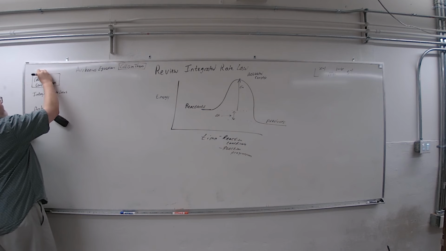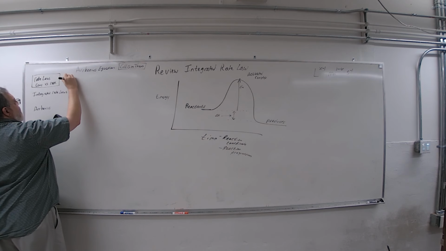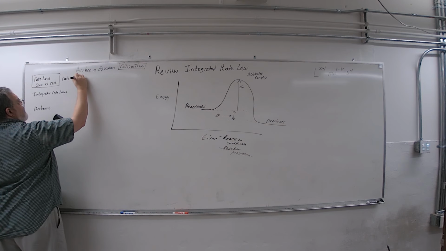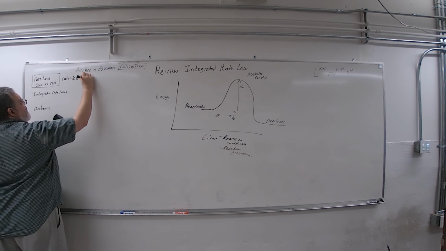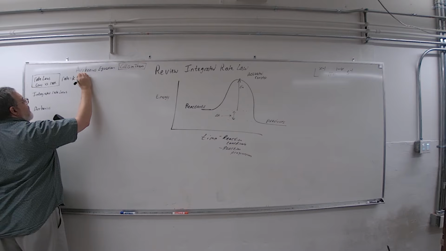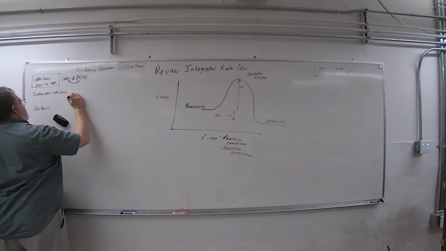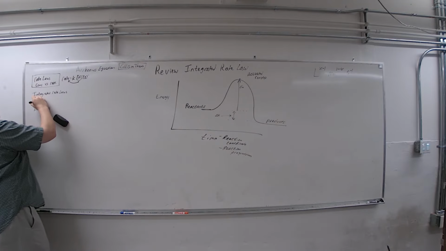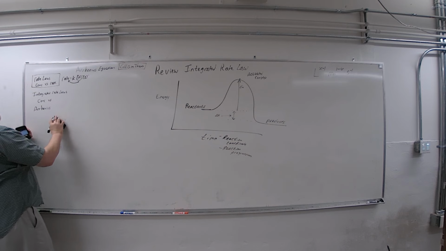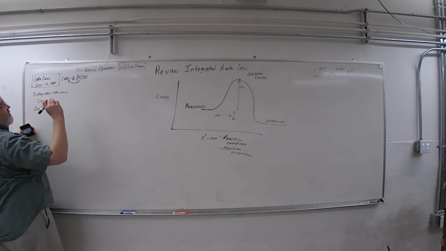When we're dealing with rate laws, we're going rate equals k, concentration A, concentration B, and then we're relating these concentrations to the rate. Integrated rate laws are concentration versus time.